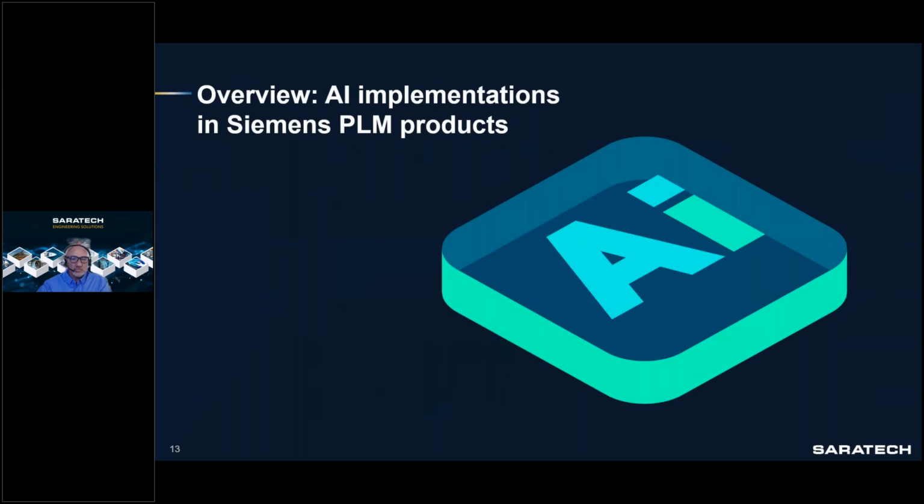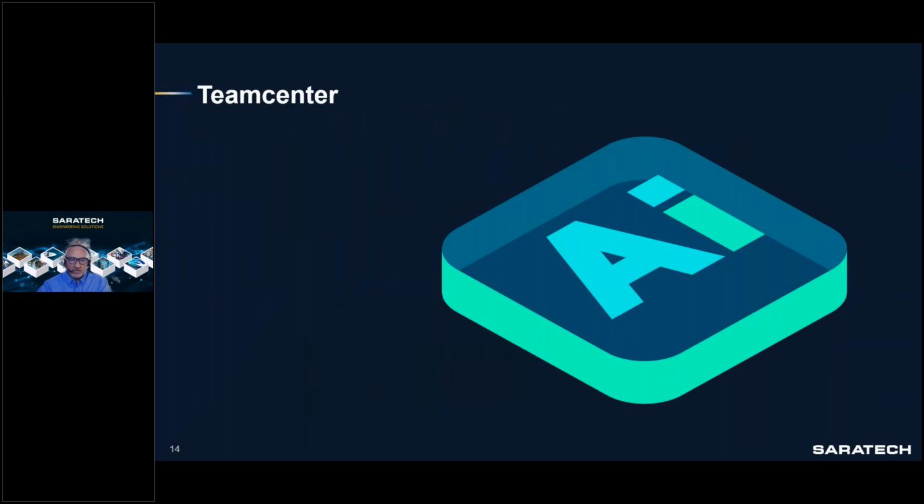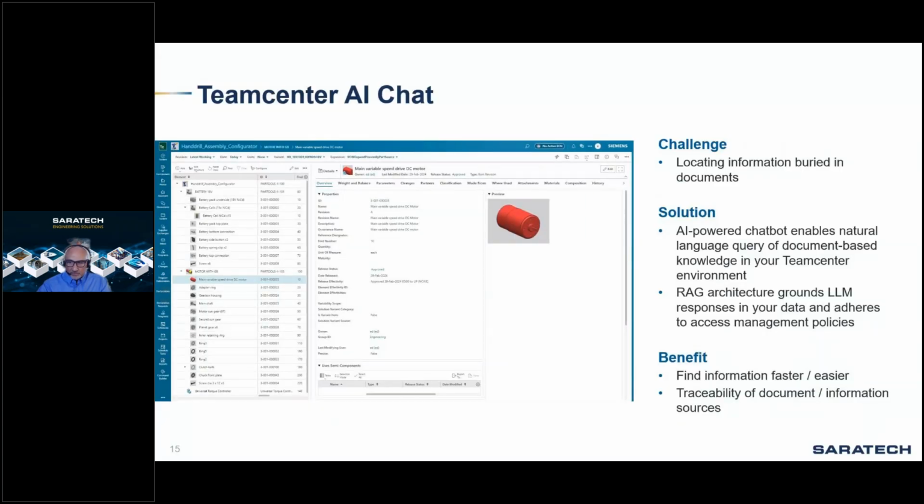Let me show you some examples of AI implementation in Siemens products. We'll start with Teamcenter. Teamcenter AI Chat is one of the early introductions of AI into Siemens products. It's an AI-powered chatbot that enables you to query document-based product knowledge managed in your PLM environment.